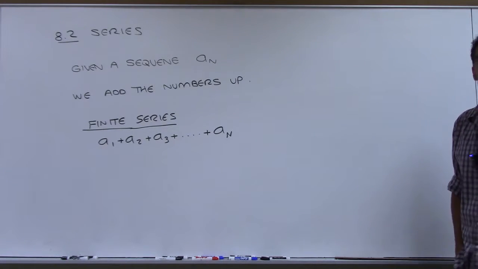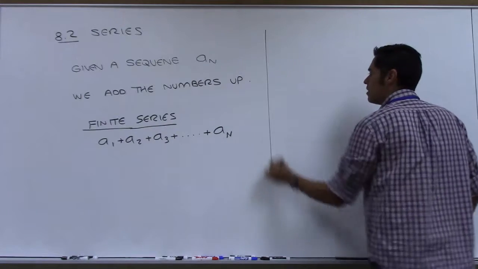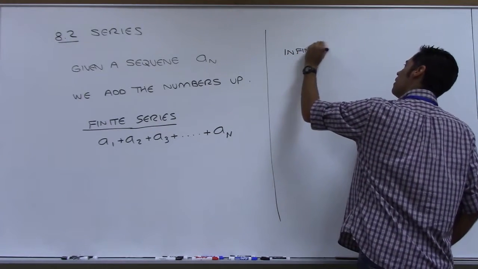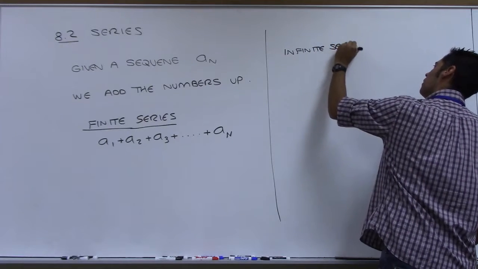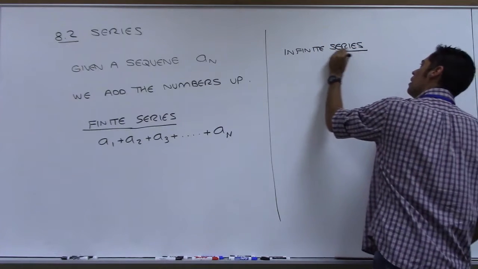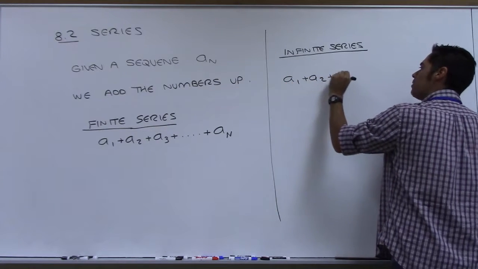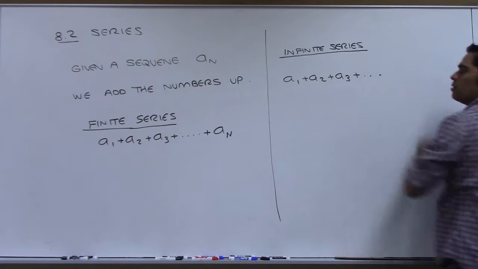In the case that our sequence is infinite, we get what's called an infinite series, and that would look like a1 plus a2 plus a3, and it would continue forever.